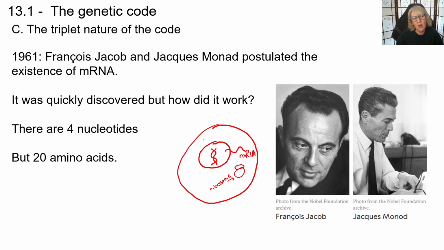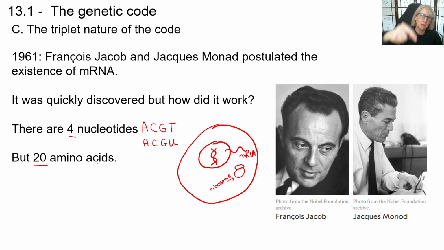Now they also had the same problem that people early on were worried about in understanding how DNA worked. We're still faced with this problem that there are 4 nucleotides in DNA, A, C, G, and T. In RNA, there's A, C, G, and U, but we have a code made up of 4 different variations that needs to code for 20 amino acids.